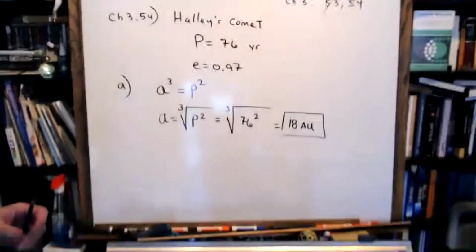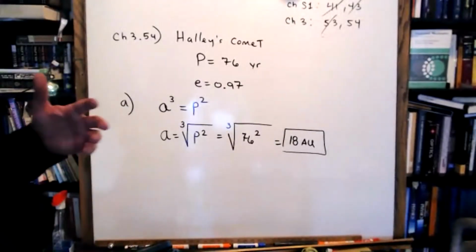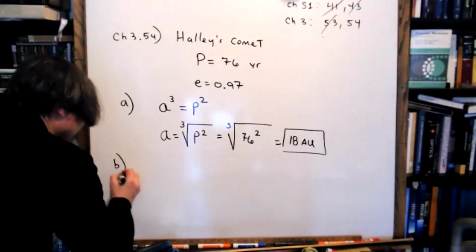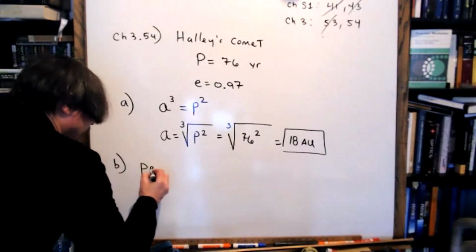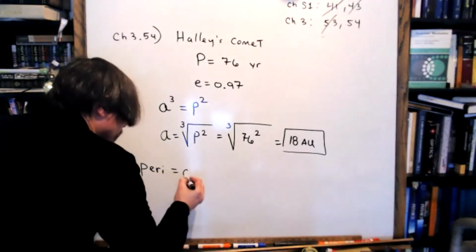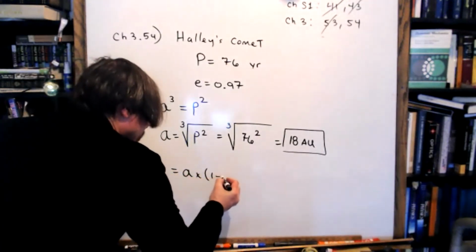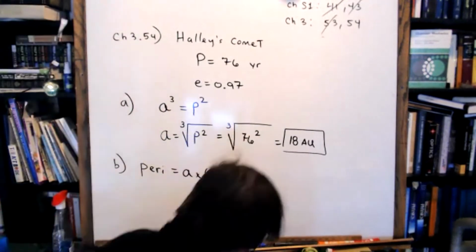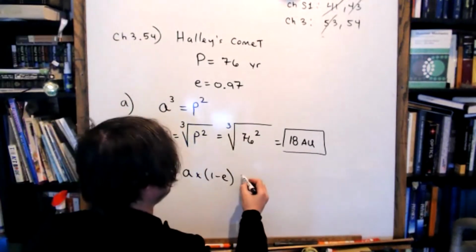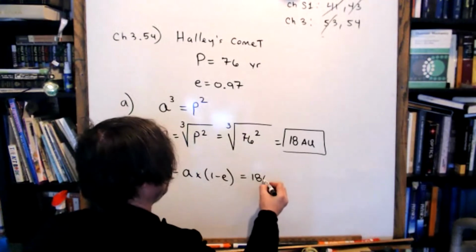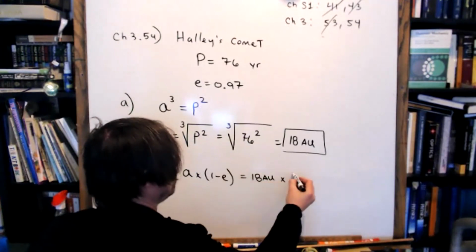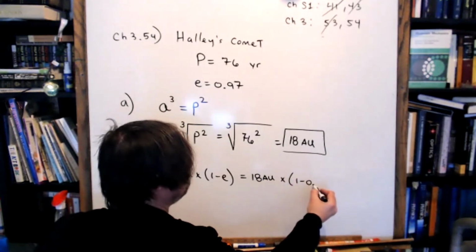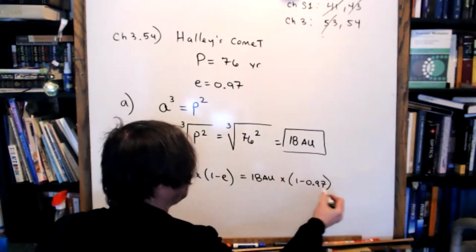In part B, we're going to calculate the perihelion and the aphelion distances. The perihelion is A times 1 minus E, which is 18 AU times 1 minus 0.97.